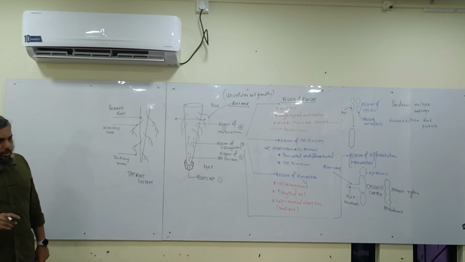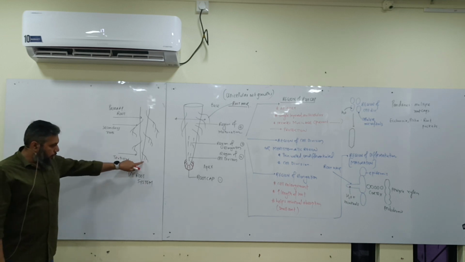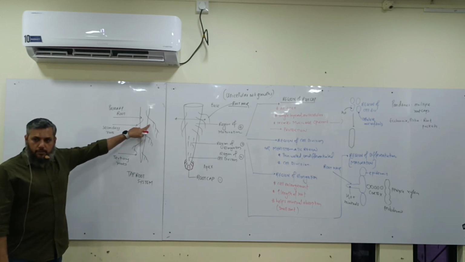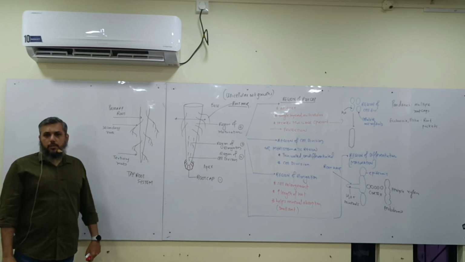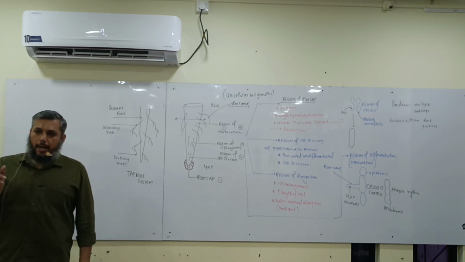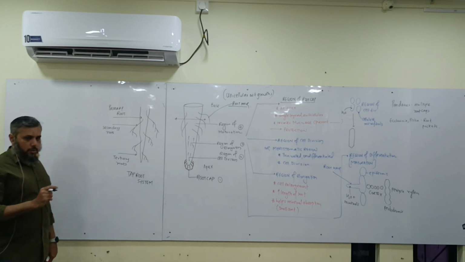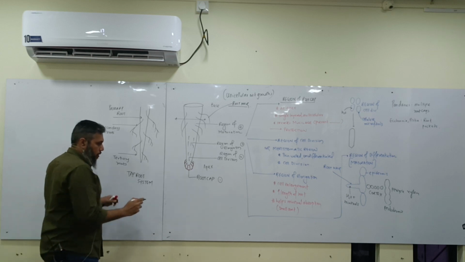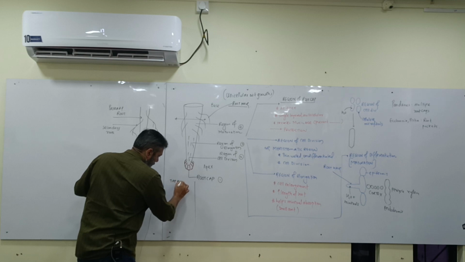Clear everyone? Okay. And if you look over here, can I say that the younger roots are at the apex and the older roots are towards the base? Is this the apex or the base? Apex. So younger roots are towards the apex and older roots are towards the base. Such an arrangement of roots is called acropetal succession. Understood, all of you? So what are the characteristic features of a tap root?